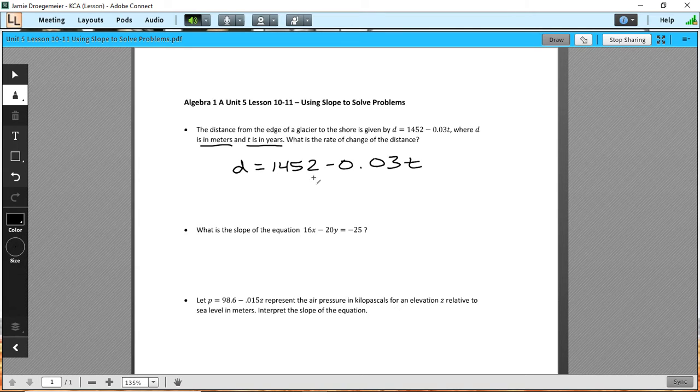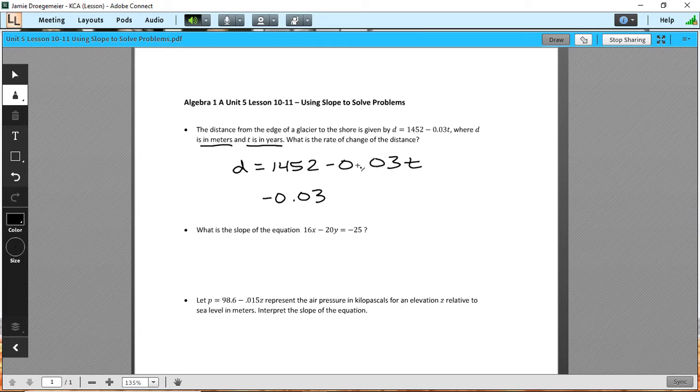If we think about our equation, one thing you find is that the rate of change is always being multiplied by something. Here, that rate of change is multiplied by the time to tell us what the distance is. The thing being multiplied by the variable is the negative 0.03.